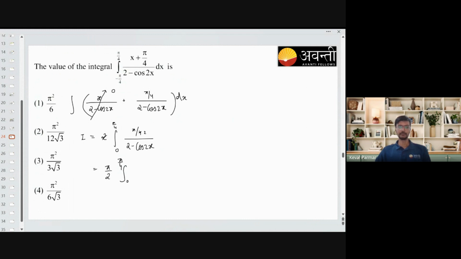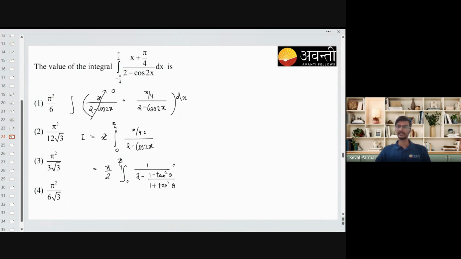Now I hope you know how to integrate this. To integrate this, we open the cos 2 theta in terms of half angle, in terms of tan theta. So 2 minus, what is cos 2 theta? 1 minus tan square theta upon 1 plus tan square theta.